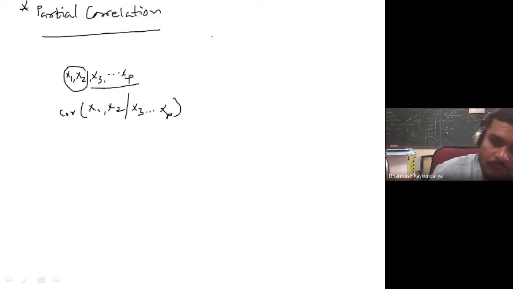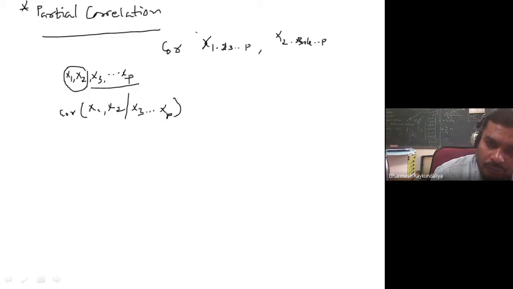So what you can do, you can find the regression of x1 on x2, x3 up to xp, and the regression of x2 on x3, x4 up to xp, and these give the residuals.